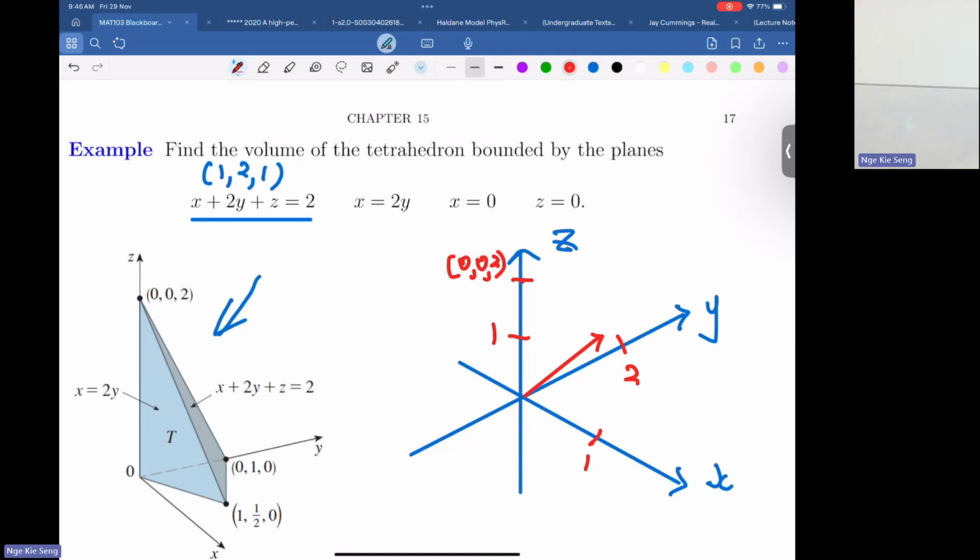Let me write it down. When z equals 0, x plus 2y equals 2. What do you get here? y equals minus x over 2, plus 2 over 2.